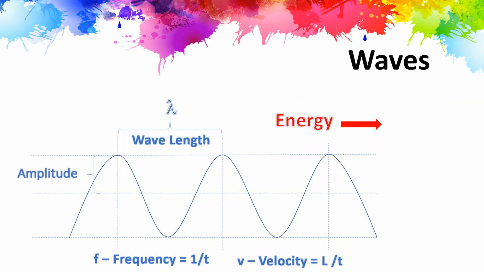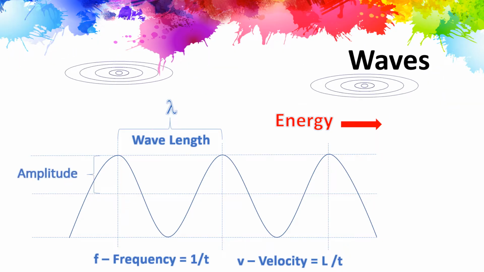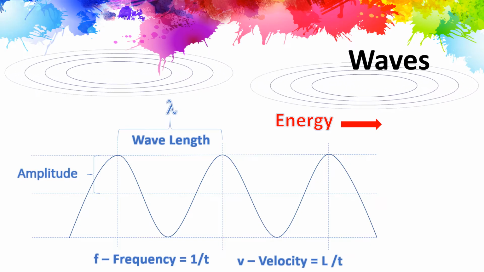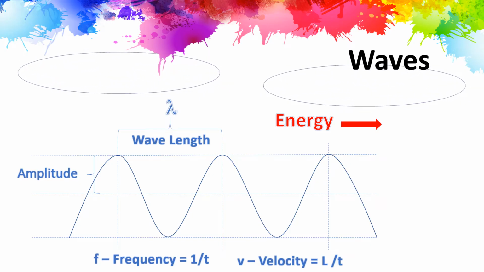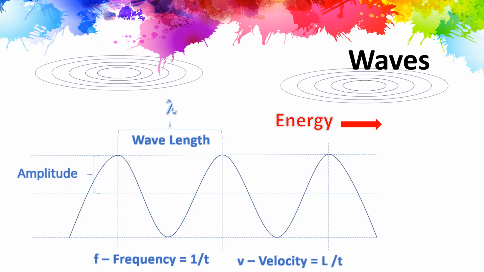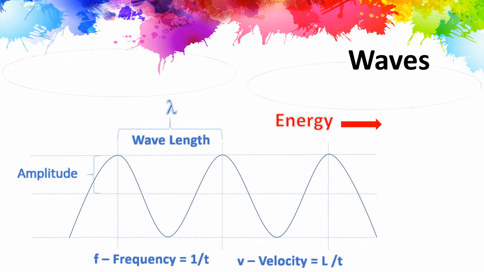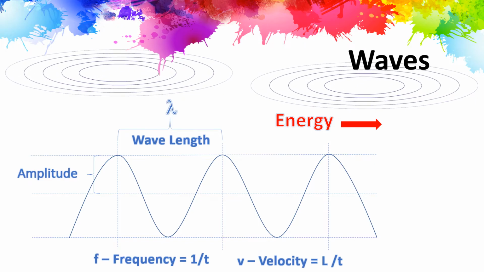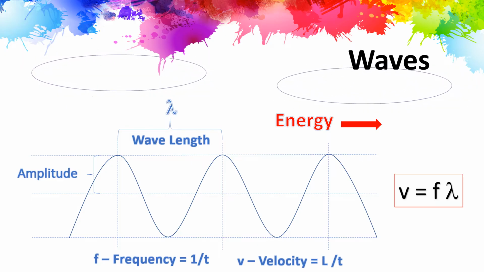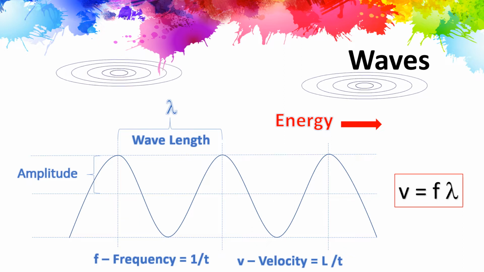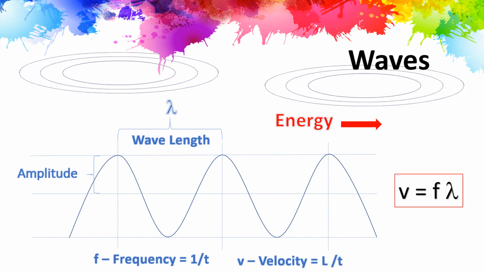Then there's an amplitude, that is the distance between the central point of this wave to the highest or lowest point. So these are the special terms we should know in a wave. There's a relationship between frequency, velocity and wavelength: v equals f lambda. This is the relationship of this kind of wave.